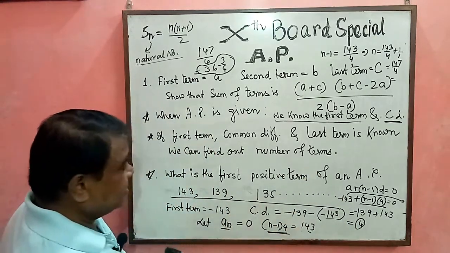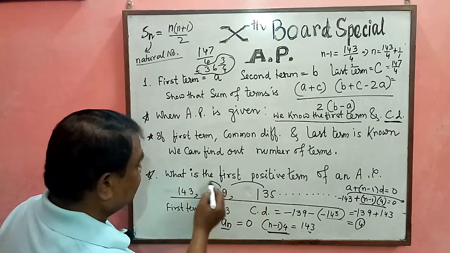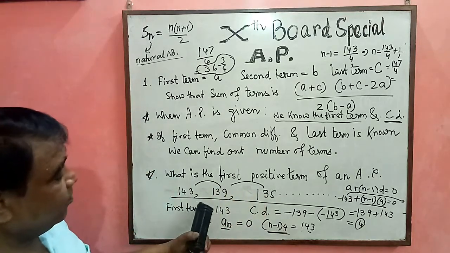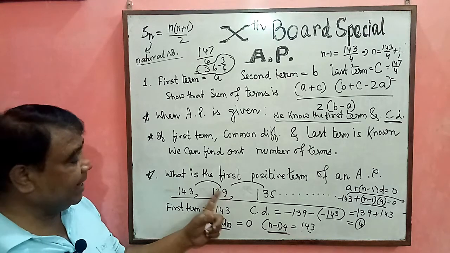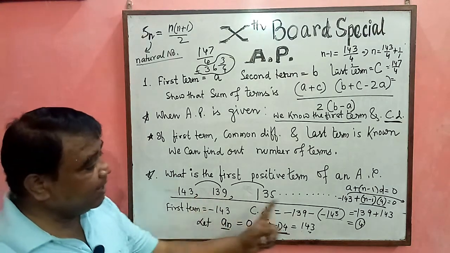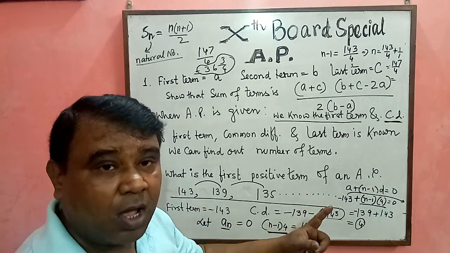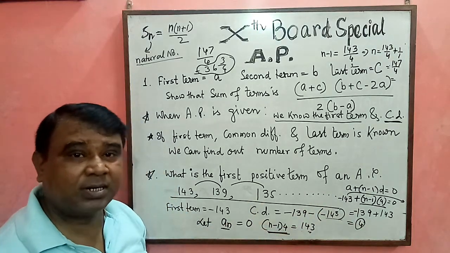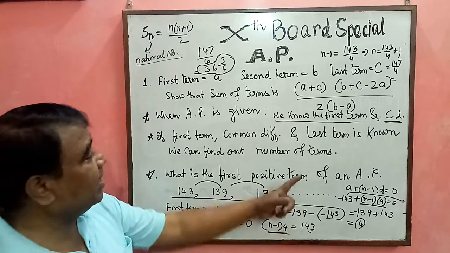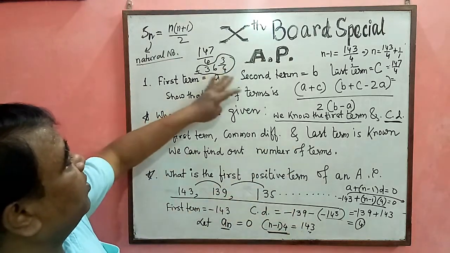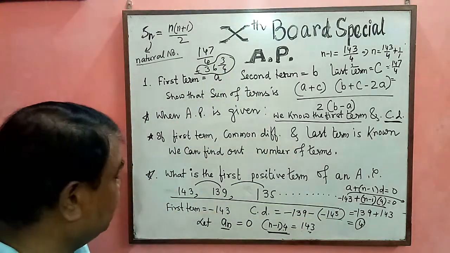Now if I subtract it, this is a negative 4, the d will be only negative. Definitely this time I will put you the same question, but I will ask what is the first negative term of this AP. So then again I will have to solve this, where I will get the 37th term will be the negative term.